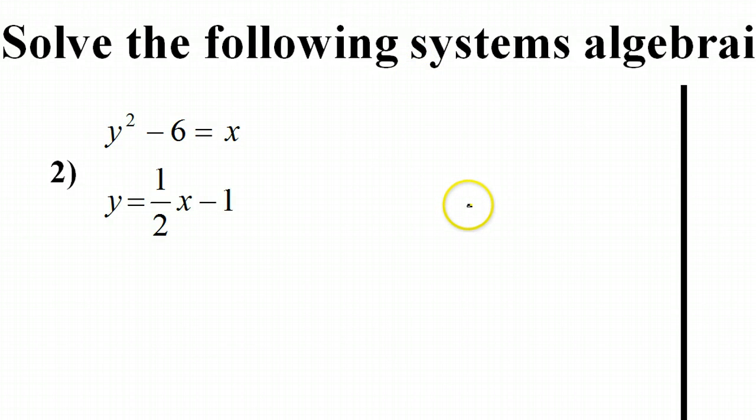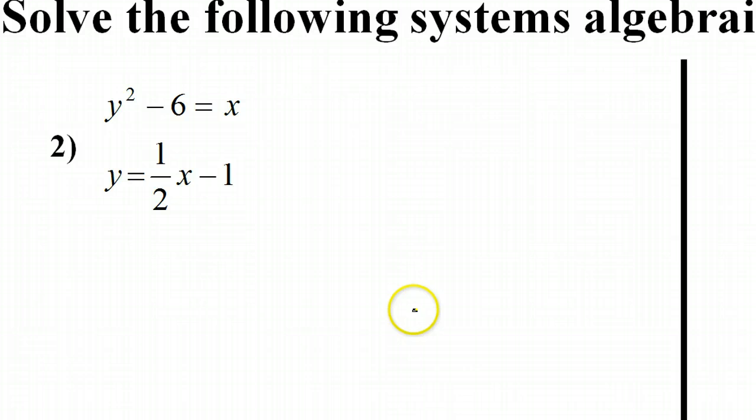Okay. Now we're going to solve this system algebraically, so there's no graphing or anything like that. There are two ways of solving a system algebraically. Sometimes we use elimination. That's the one where we set them equal to each other and try to cancel out one of the variables.